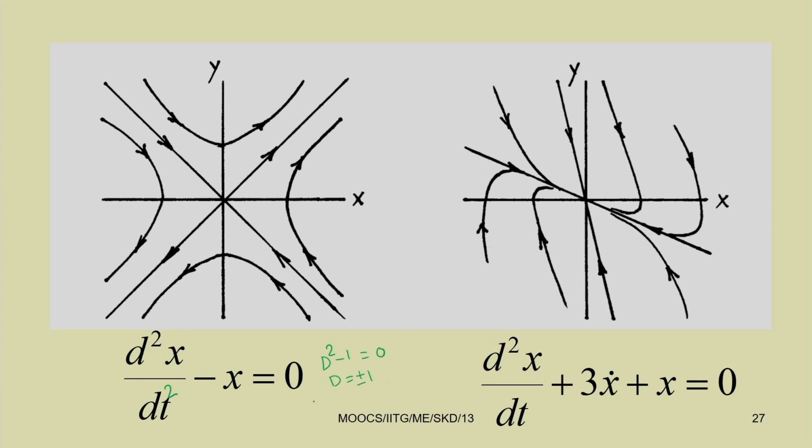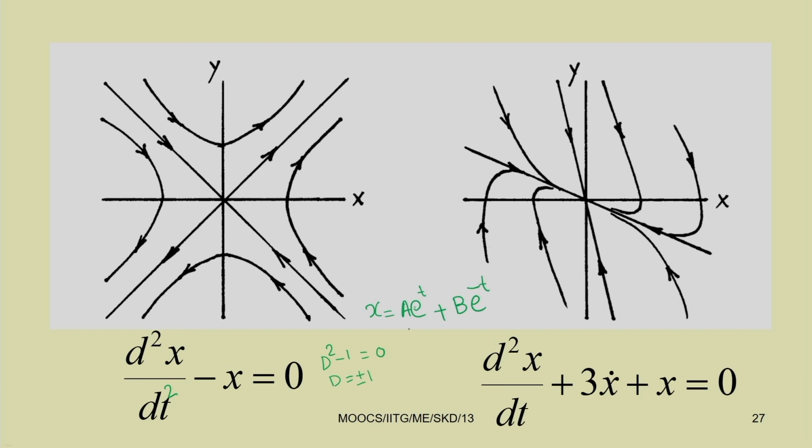So the response becomes x equal to a e to the power t plus b e to the power minus t.